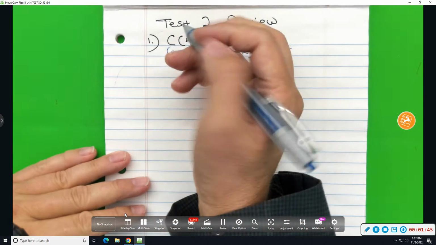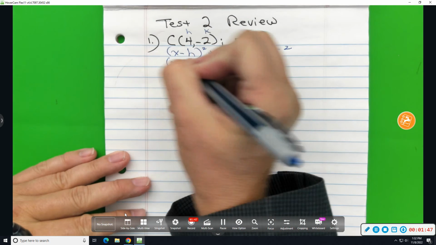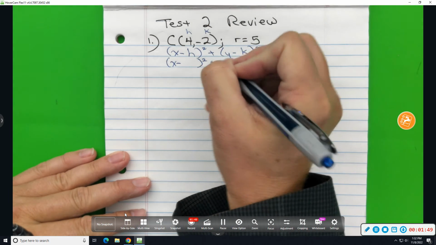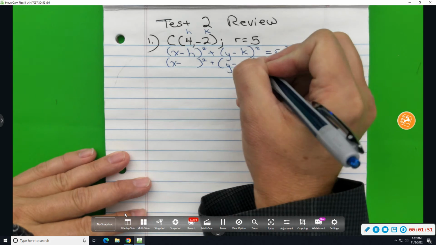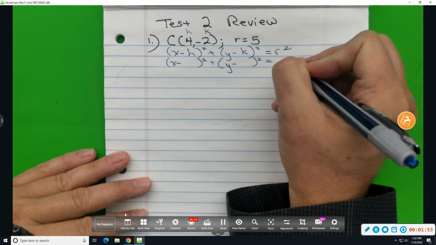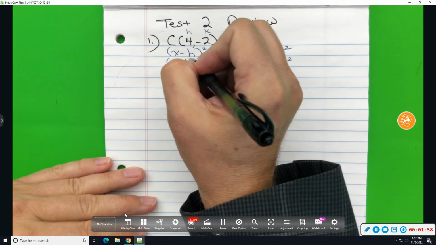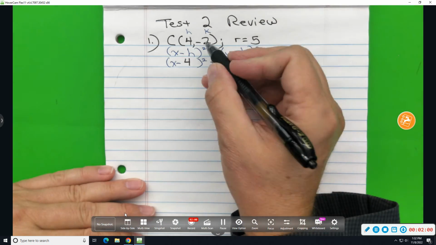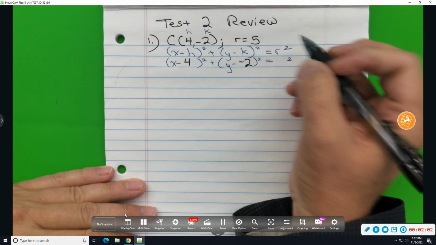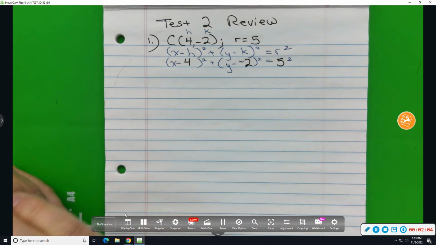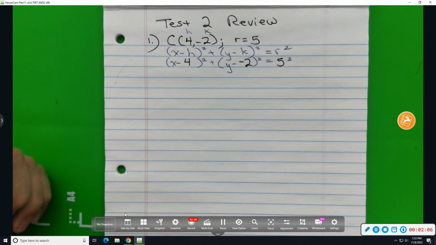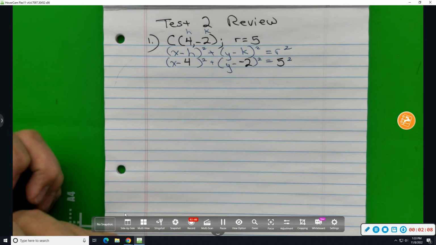So we have x minus, we have y minus. Here we put the 4. After the y minus, we have a -2. And as I said, the radius is 5, so we have a 5 squared. We can clean this up a little bit.